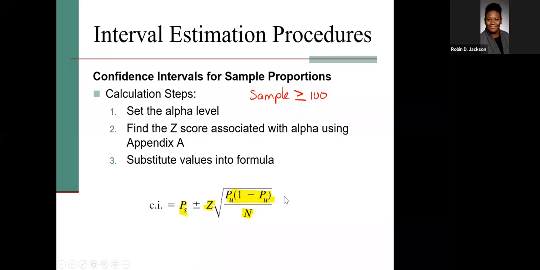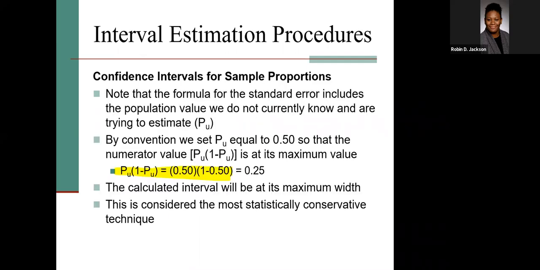But in this particular problem, we're not using s or sigma. We're not using population standard deviation and we're not using sample standard deviation. Instead, we're using something that relates to standard error. This right here is basically what that looks like written out.